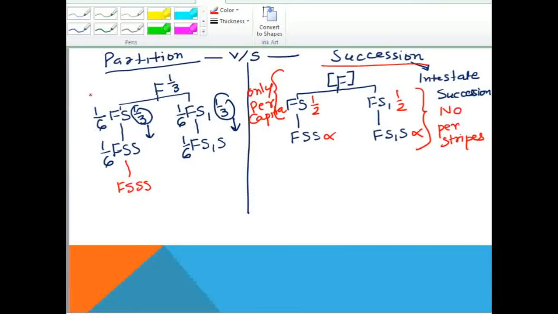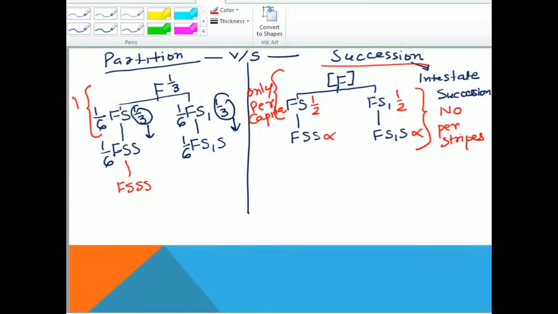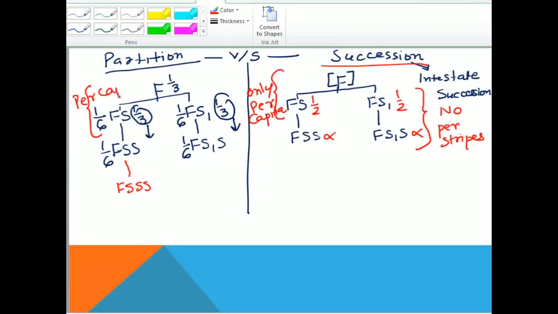However, in partition, first there is per capita, and now this per capita goes into the branch of the particular co-partners. This is per stirpes division. So this was the major difference between partition and succession.